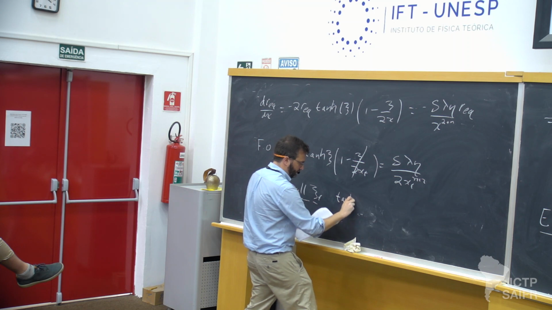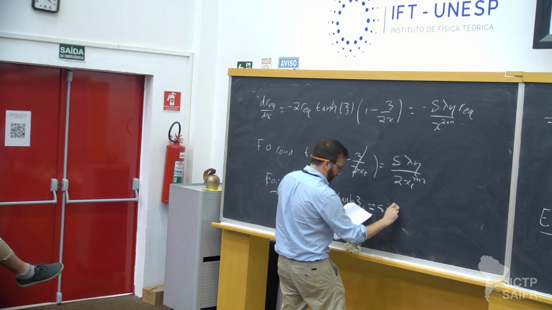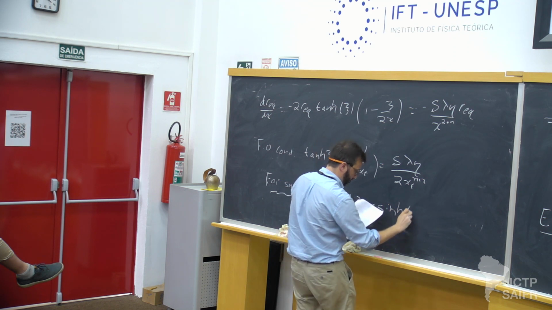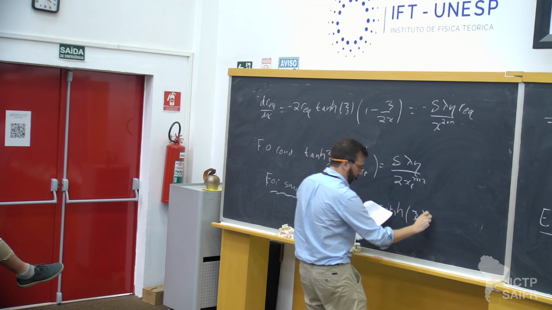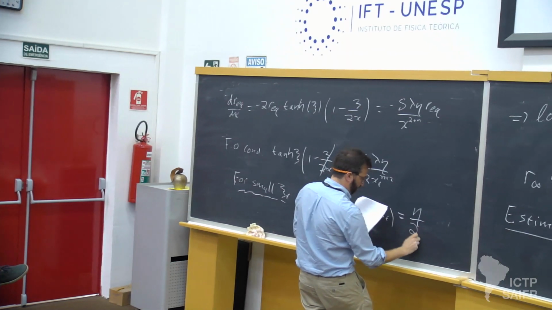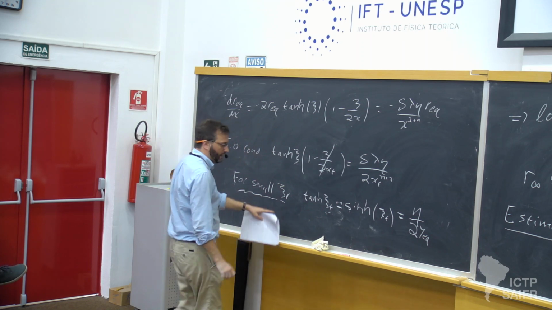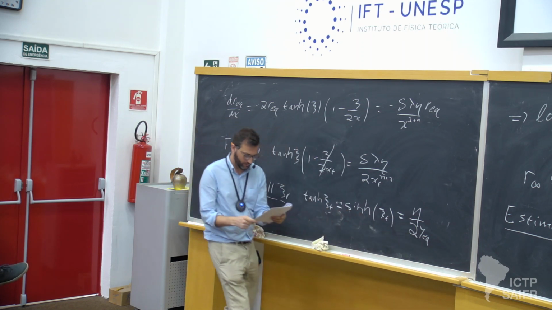Hyperbolic tangent psi f is approximately hyperbolic sinh psi f, which you remember is just eta on 2y equilibrium. So small psi f means that this should be small.